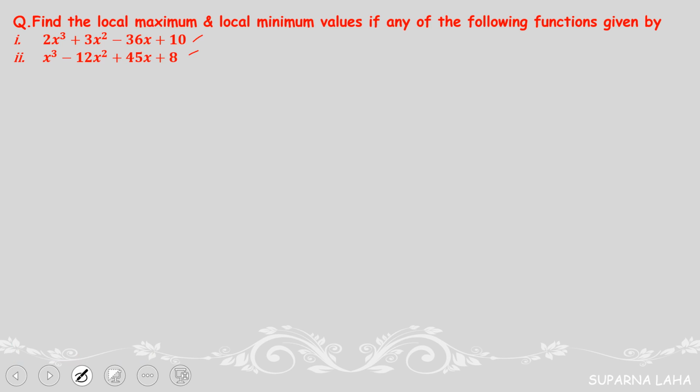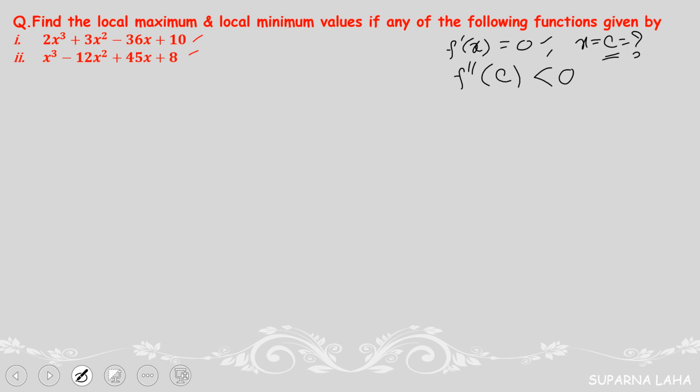Now check that. First we need to find whether local minima or local maxima exist. First of all, we need to find f dash x equal to 0 for x equals c, and we need to find the point c at which f dash x is 0. And at that point c, we need to check the sign of f double dash c.